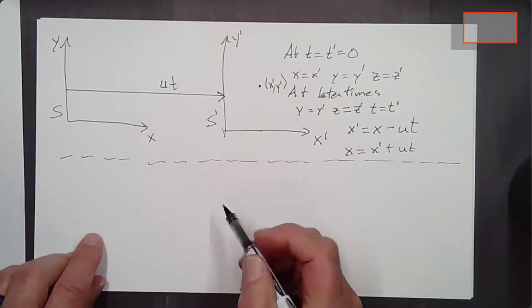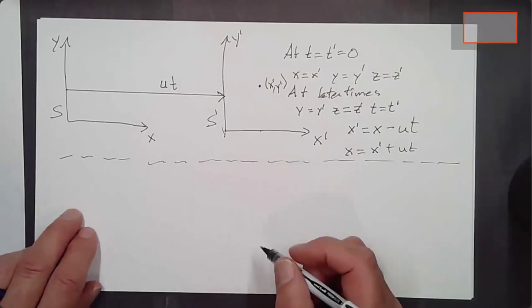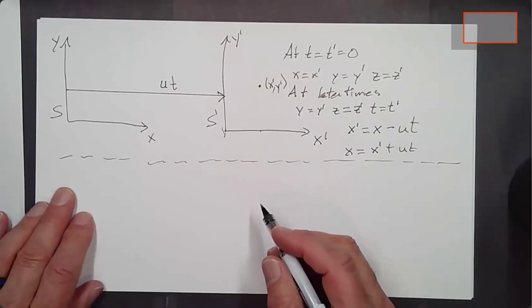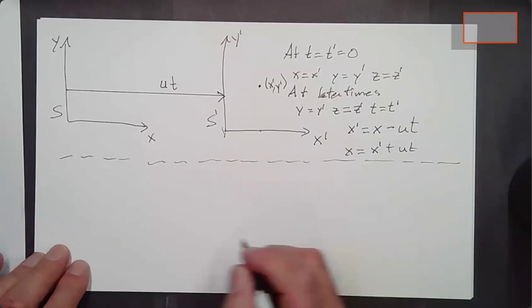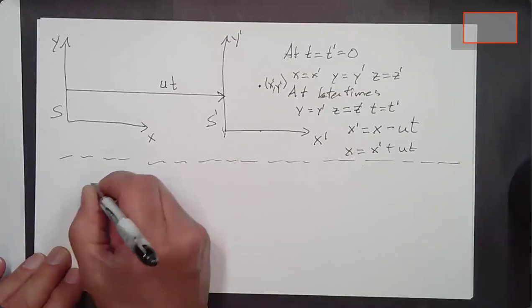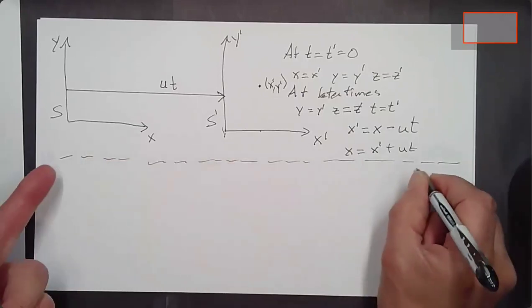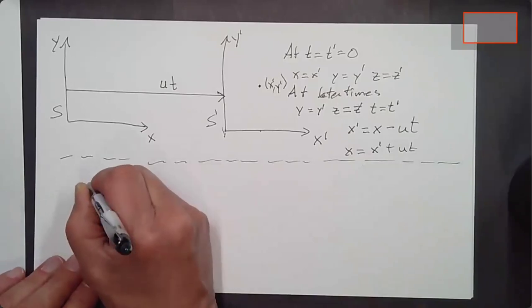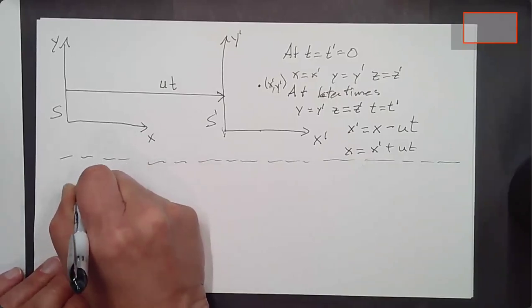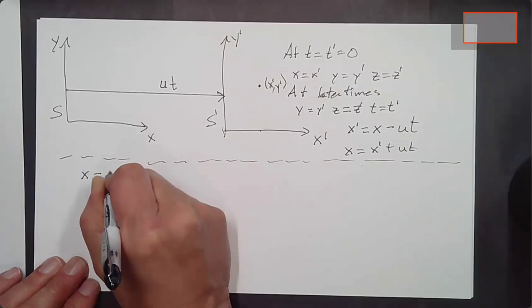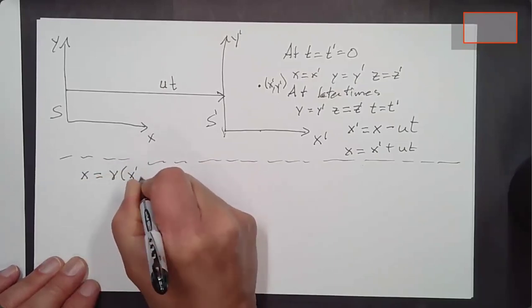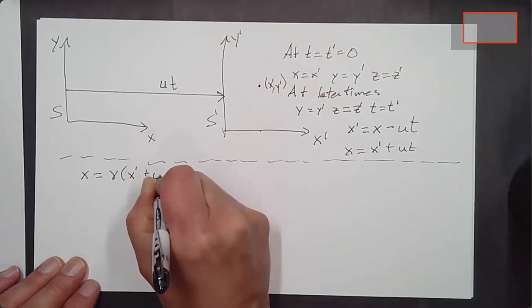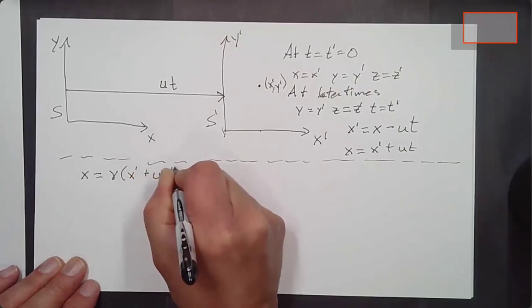However, the relativistic transformations are going to look different, and as you might imagine, there will be a factor of gamma that shows up in these things. The first one, below the dashed line, is going to be the relativistic expression. So the first one you could get would be x is going to equal gamma times x prime plus ut prime.